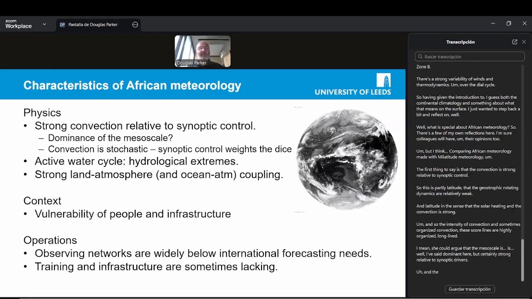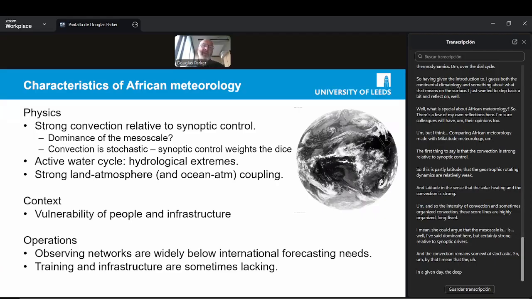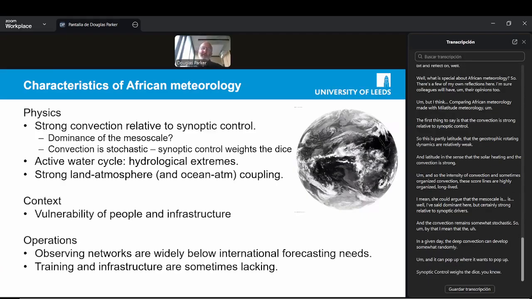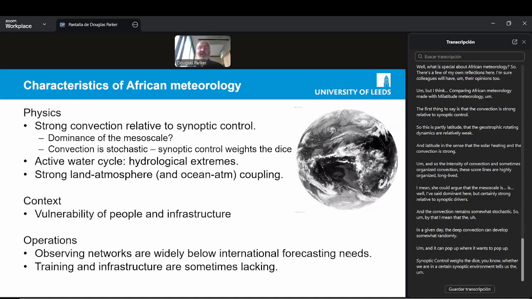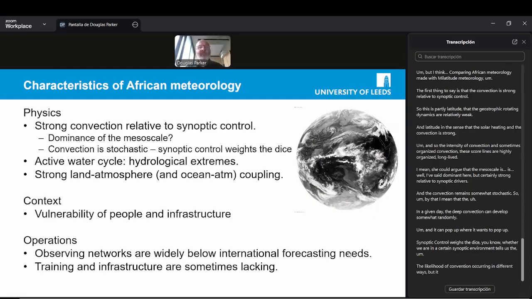And the convection remains somewhat stochastic. By that, I mean that in a given day, the deep convection can develop somewhat randomly, and it can pop up where it wants to pop up. Synoptic control weighs the dice. Whether we are in a certain synoptic environment tells us the likelihood of convection occurring in different ways, but it doesn't so easily tell us exactly where the convection will develop.